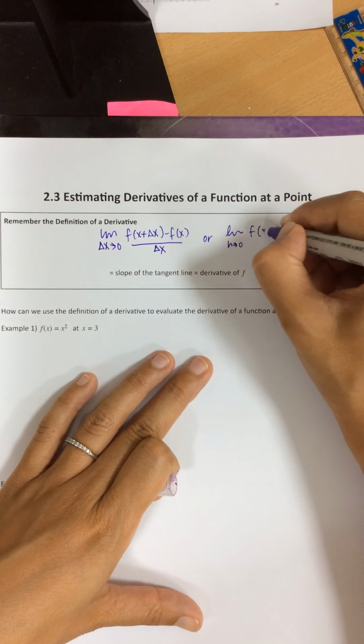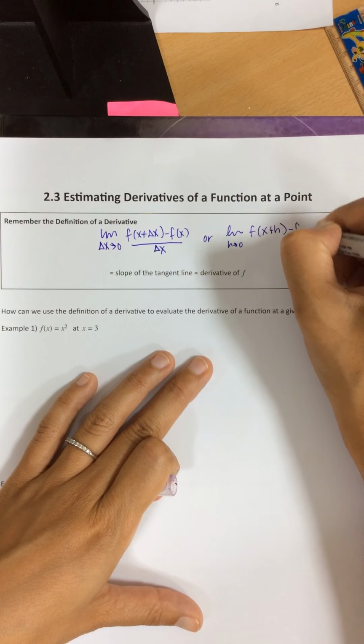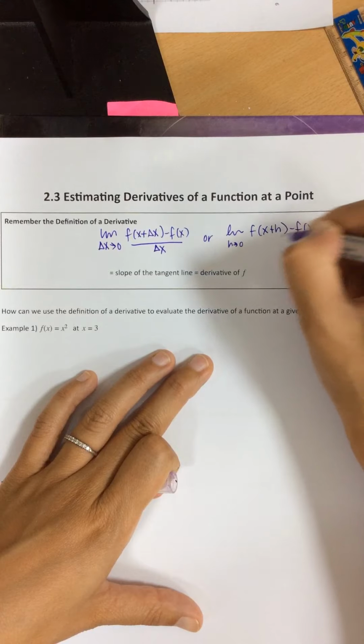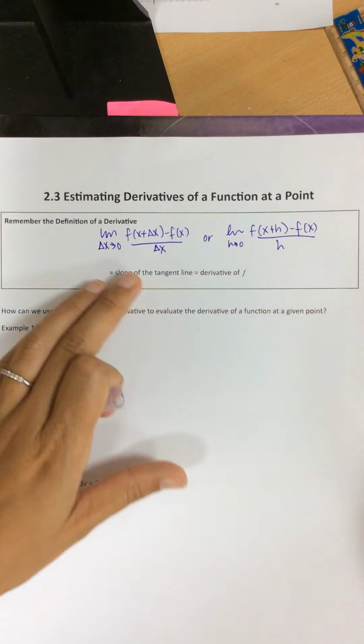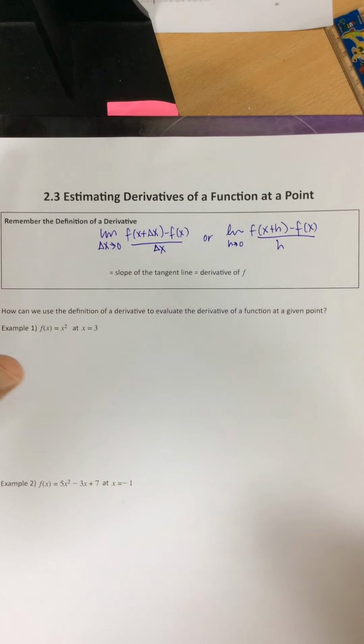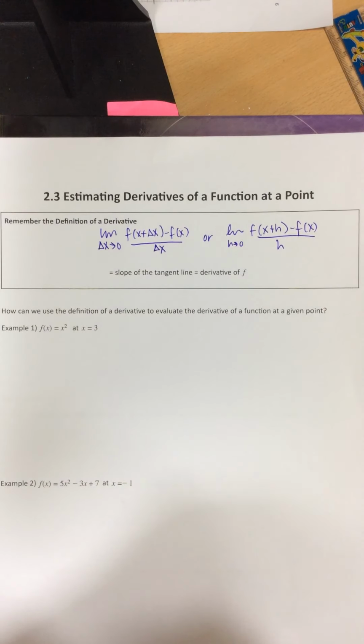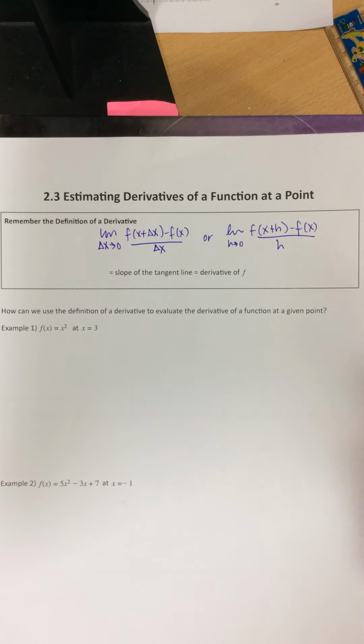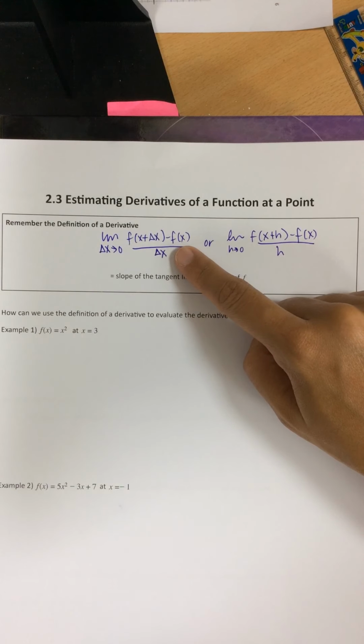Just using different variables, right? Sometimes I think this one's a little easier because I understand that I'm finding the change in X, or H is just like another variable, but I think you see this a lot. You can choose whichever one makes sense to you today. But I'll use this one for today.